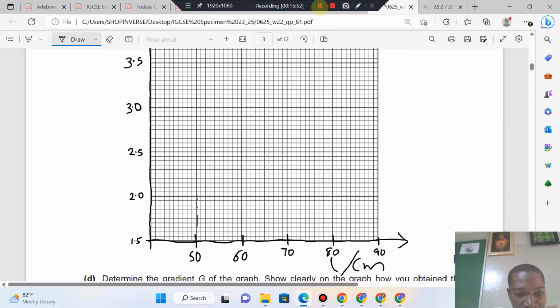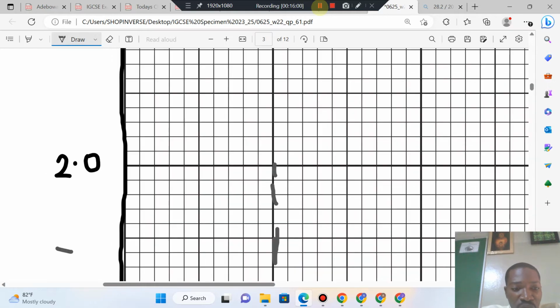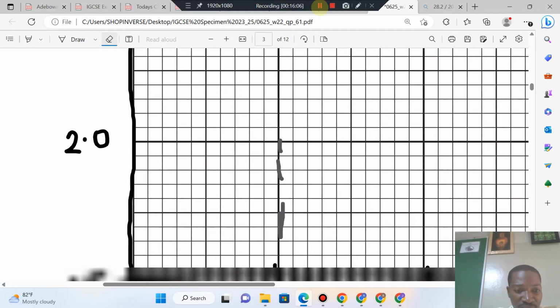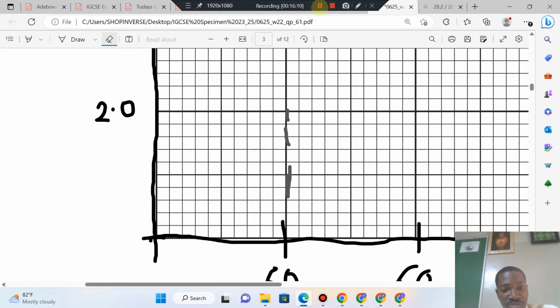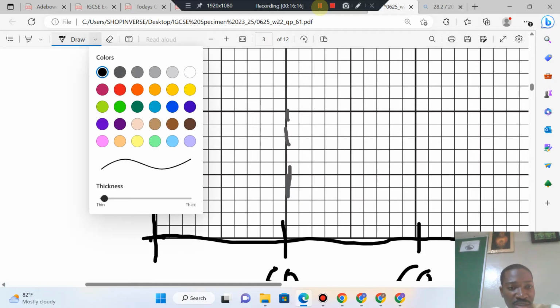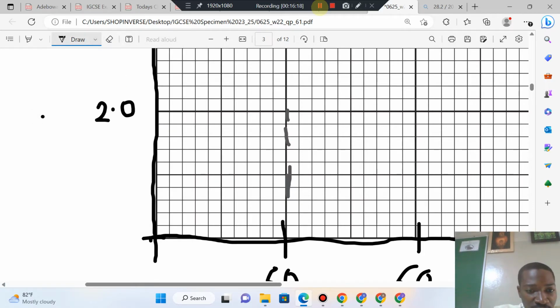What is period 1.99? On the vertical axis, each division is how many units? Each division will be 0.05 units. Why? If you look at the vertical axis, the first division you have is 1.5. I think I've erased that mistakenly. Let me write it back.